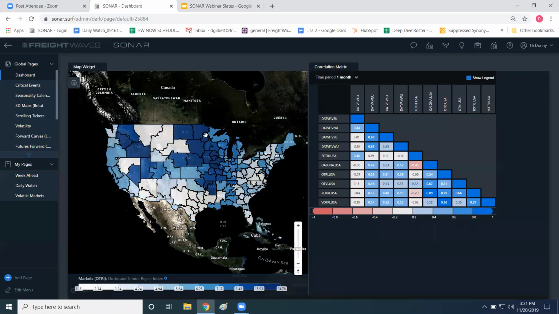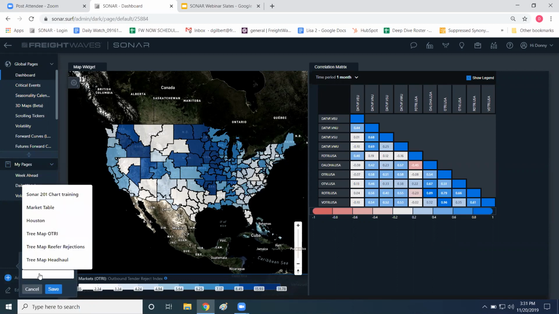When you first enter Sonar, of course, you'll be up here on some global pages. You will need to start a new page down here so that you're able to change the information on these pages. On our global pages, they are frozen, so you can look at the information on them, but you will not be able to change them. So here we'll go down first to add a page. And we will create a page name.